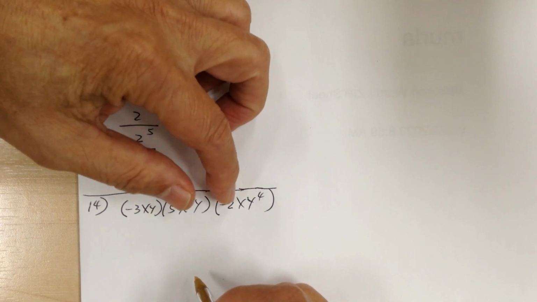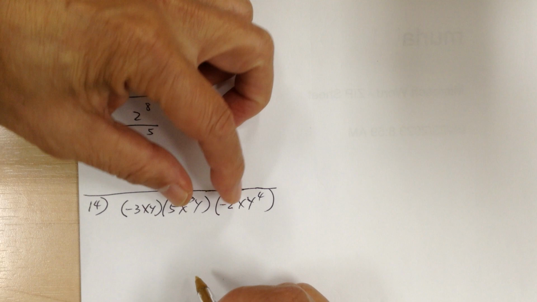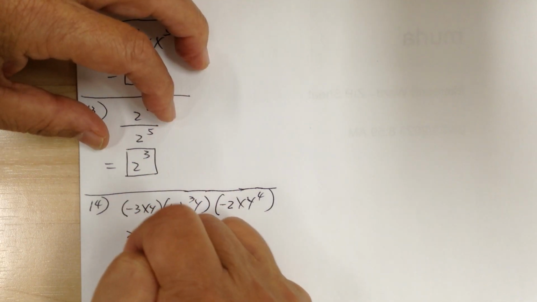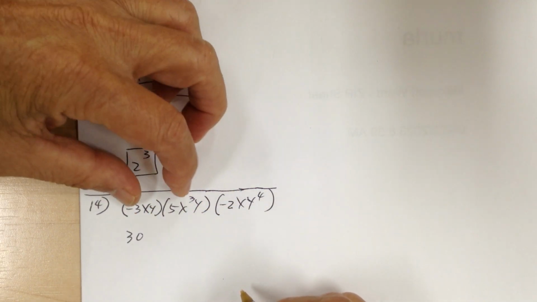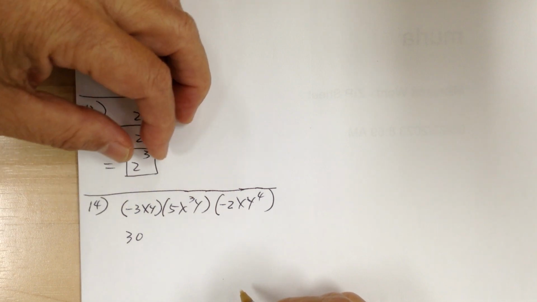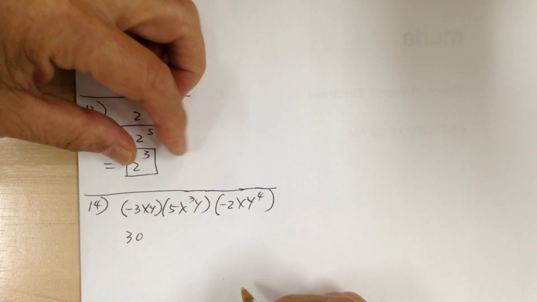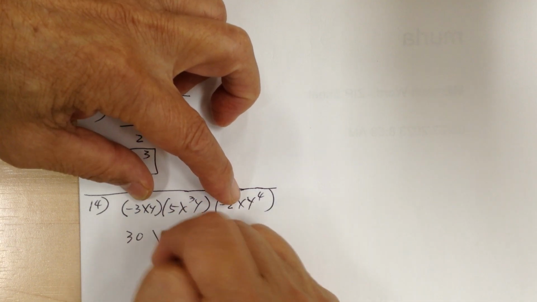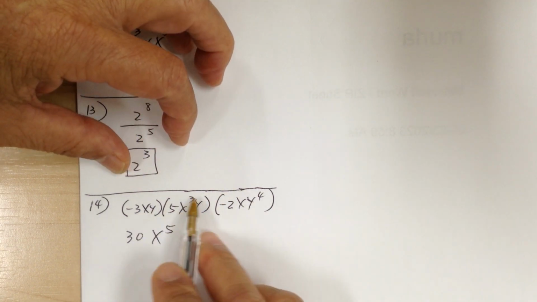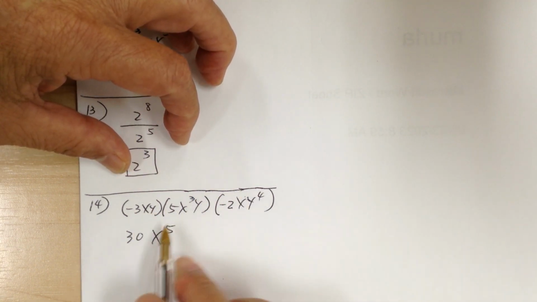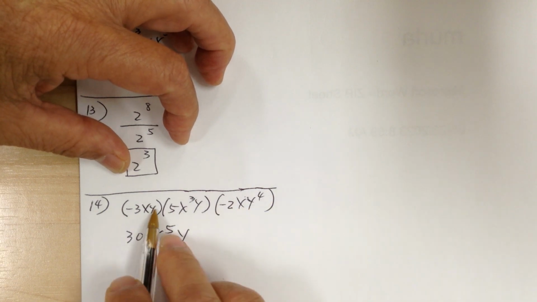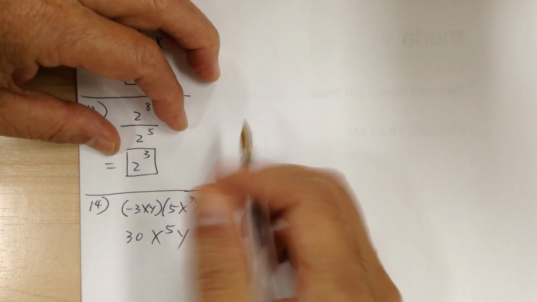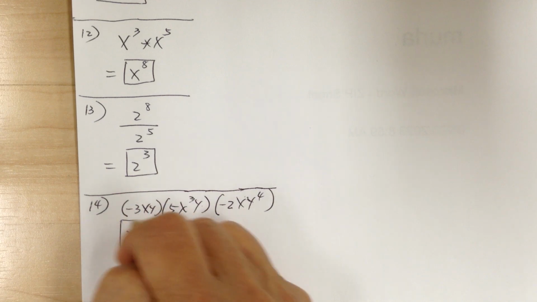I'm going to multiply 2 and 5 first because this will give me 10. 10 times 3 will give me 30. Okay, or you can just go straight forward. 3 times 5 is 15, times 2 is 30. So you sign number, now go to the alphabet. So you got x, x to the 3, x, so it would be x to the 5. Right? So 1 plus 3 plus 1 will give you 5. Then you go to the y. 1 plus 1 is 2, plus 4 is 6. Okay, and that's it.